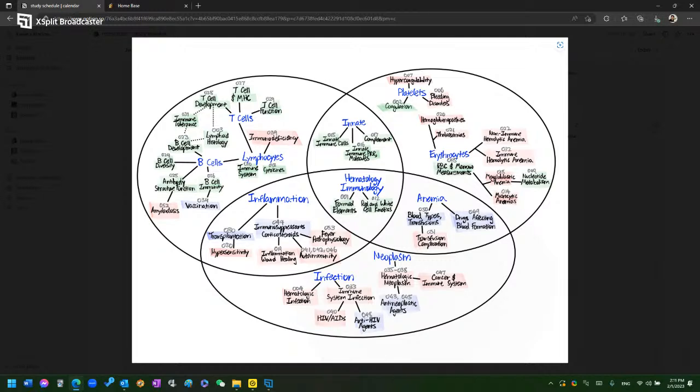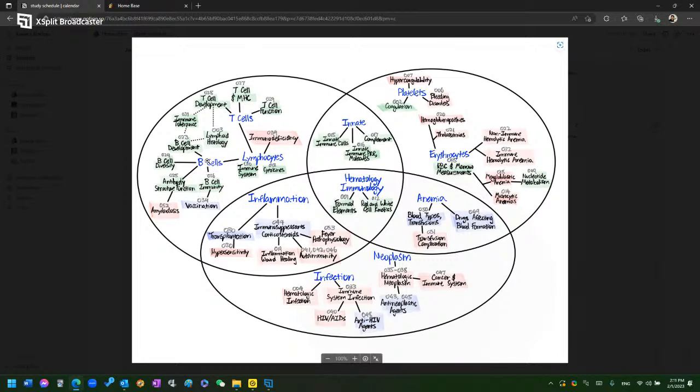And then I think it makes more sense to talk about T cells first, just because that's how it naturally takes place in the body, and then after that talking about their effect on B cells.